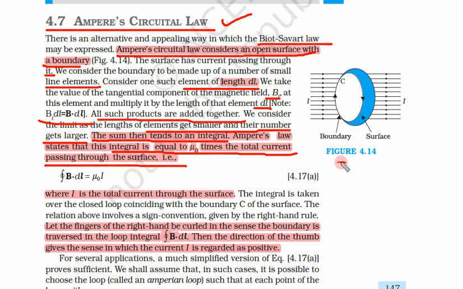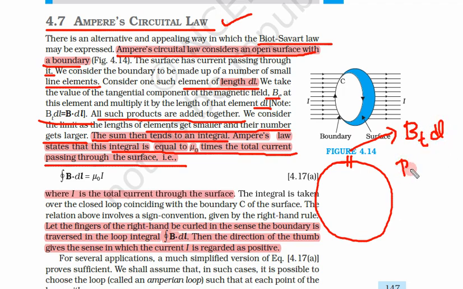For the whole surface, this one small element was B tangential into dl, and we wrote this in vector form B dot dl. Now this is for only a small part, but for all of them we have this summation of B dot dl. But if the size is getting smaller and smaller, in that case we simply change this summation into an integral.